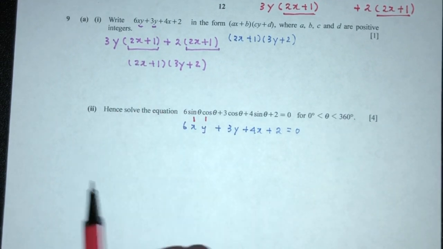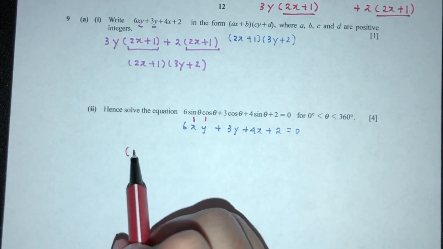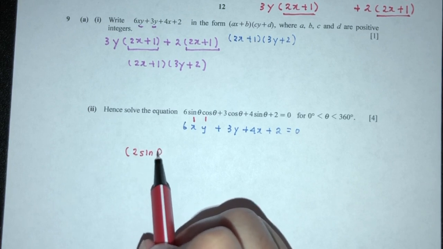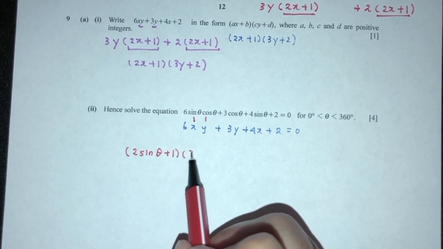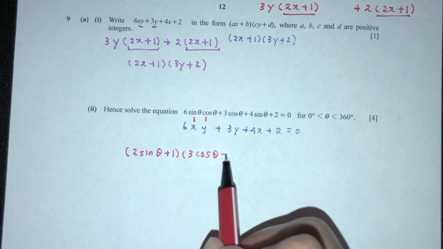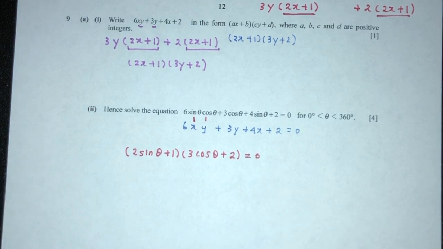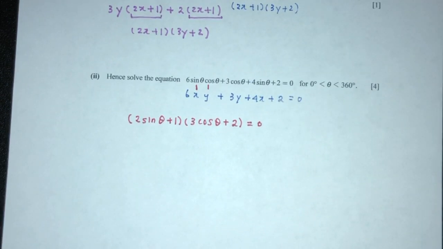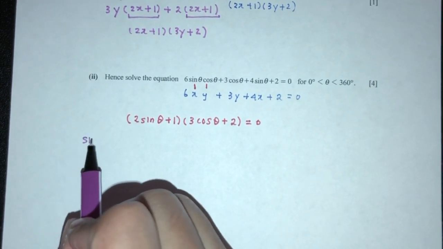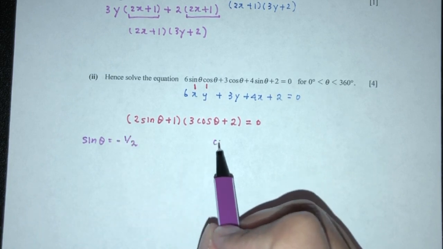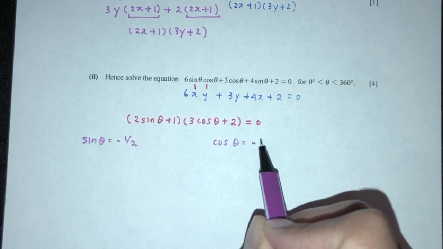So after factorizing, you will have 2 sine theta plus 1, and then 3 cos theta plus 2 equate to 0. So here we will have a few possible values. For the first one, sine theta will be minus half, and here we have cos theta will be minus 2 over 3.